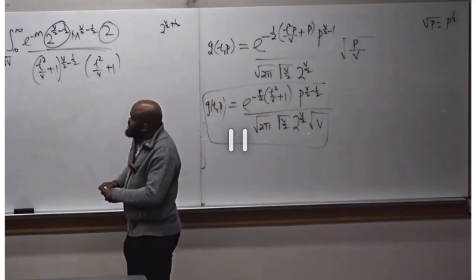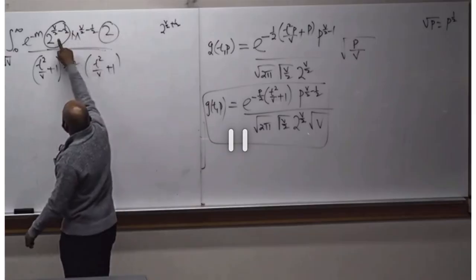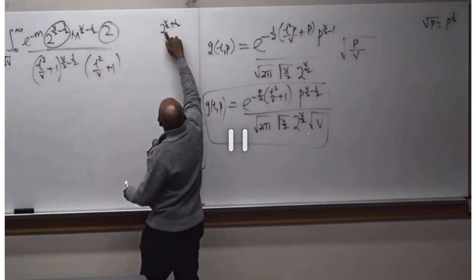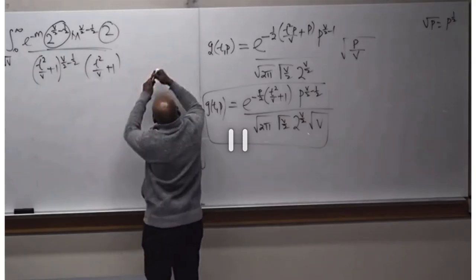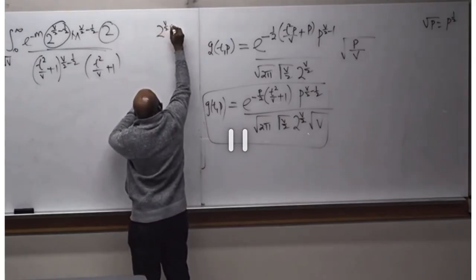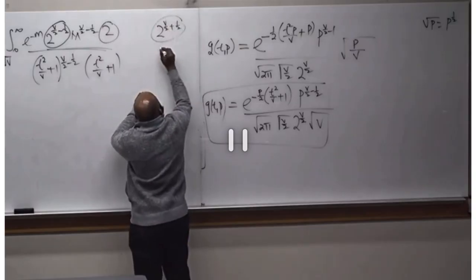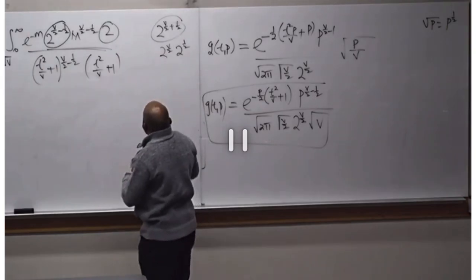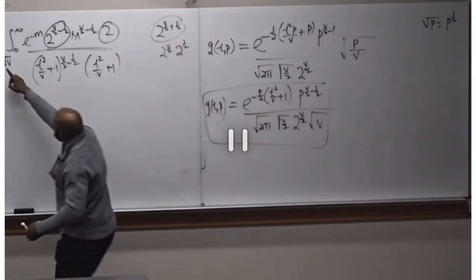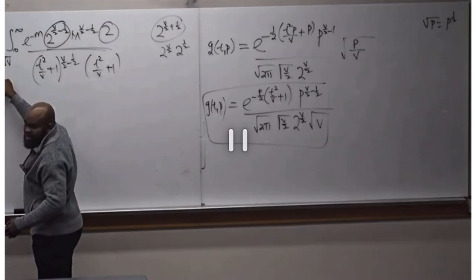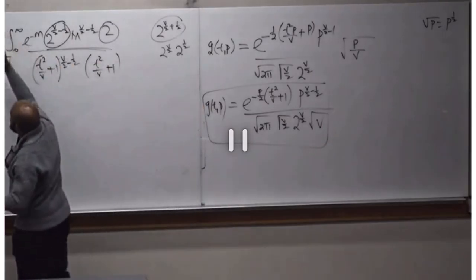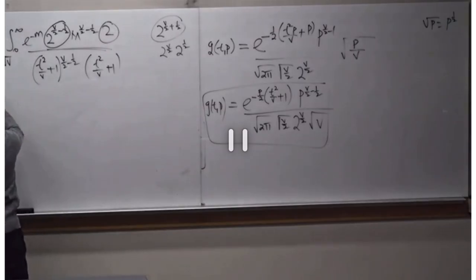I can rewrite that, so that this is going to cancel this guy here. When you cancel that, I'm left with 2 raised to the power half, and I can bring the 2 raised to the power half here. So this is what I'm having.